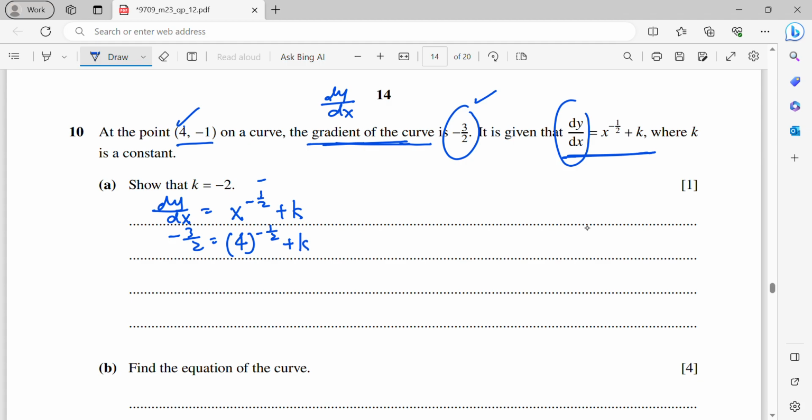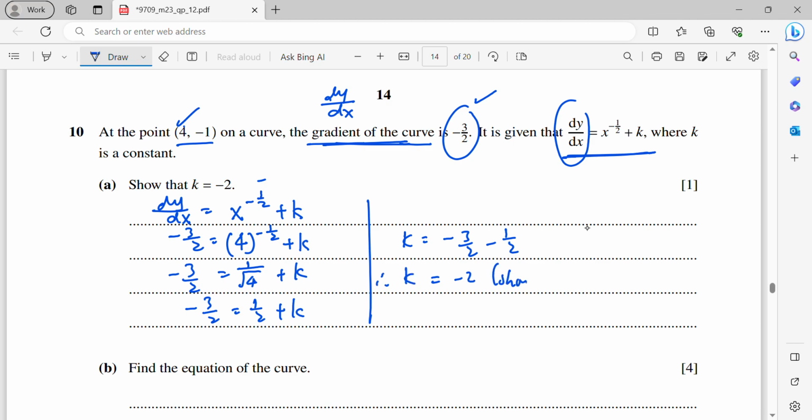Alright, 4 to the power of negative half is basically 1 over square root 4. So then I get negative 3 over 2 equals half plus k. Therefore, k is going to be negative 3 over 2 minus half, which is negative 2. So we have shown this k value.